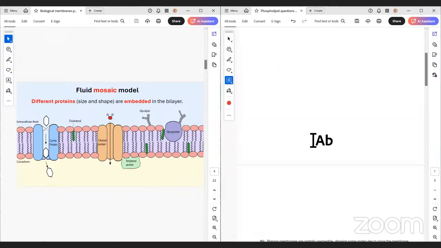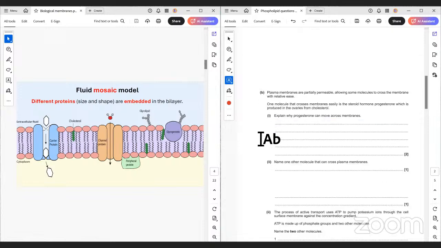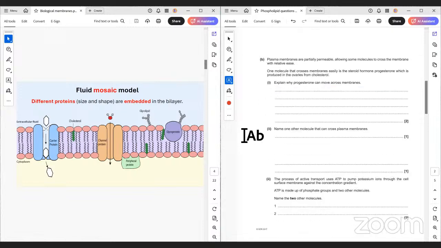Okay, let's move on to the next question. The next question says that plasma membranes are partially permeable. The first thing I would do is start again with my highlighting. What does partial permeability actually mean? When they talk about it being partially permeable, it means that those proteins are going to let some things through.